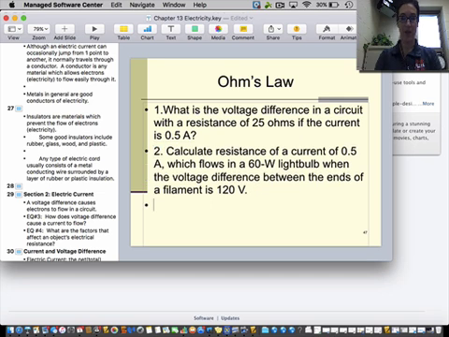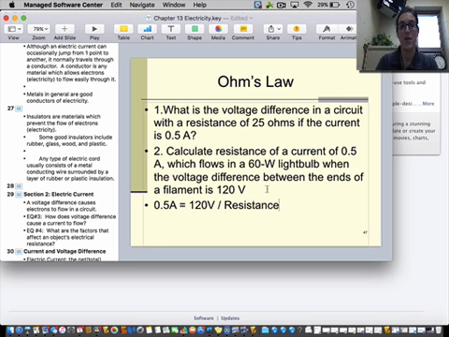I still have my amps of 0.5, set equal to, this time they're giving me the voltage, 120 volts, divided by the resistance, which I am looking for.